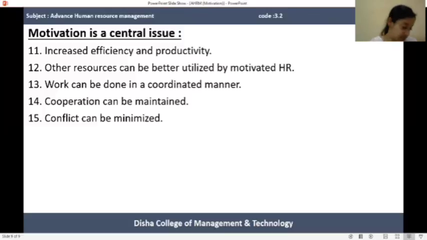There is no chance of conflict arising between individuals, because all are positively motivated, and they want to do everything for the betterment of the company. So if the person is positively motivated to a large extent, we are capable of minimizing our conflicts. So motivation plays a very important role in achieving organizational success and the organizational objective.